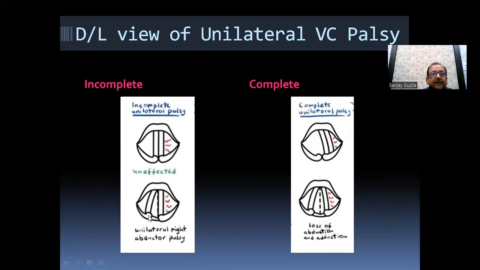Only the left cord is moving in inspiration. Whereas in complete unilateral paralysis, you can appreciate that the right cord has moved beyond the midline to close the glottis, and there is loss of abduction and adduction on the right side, and the vocal cord is in a paramedian position.